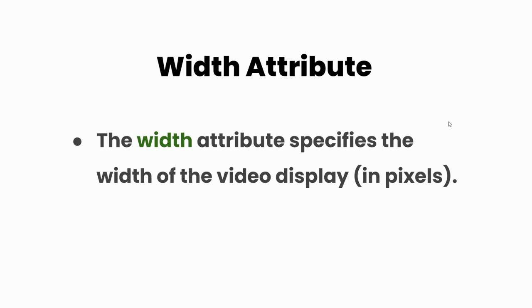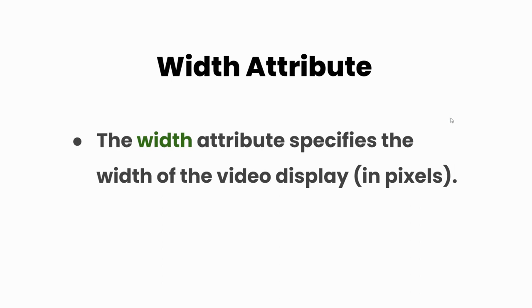Next, we have the width attribute. Of course, you know what width means is actually the opposite of height. The height basically increases the video from top to bottom, that's vertically, and the width is horizontally from left to right. It can either increase it or reduce it.